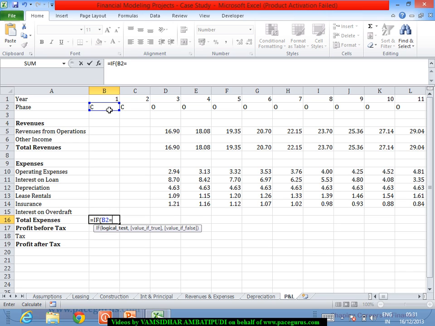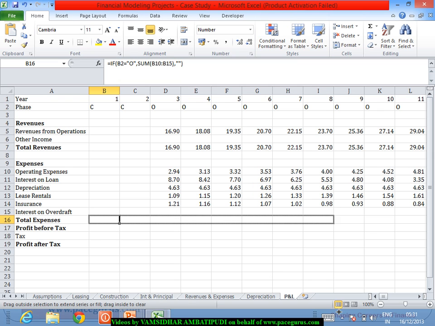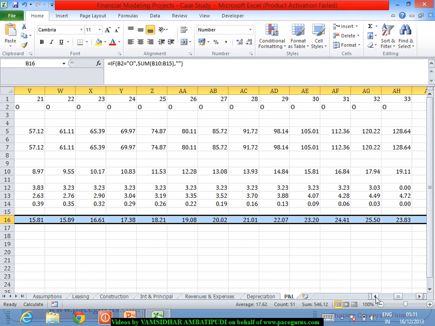If this is equal to O, I'll do the summation of all these expenses, otherwise I'll leave it as blank. Okay, so these come out as my expenses during the operations period. So total expenses during the operations period work out to be these numbers.